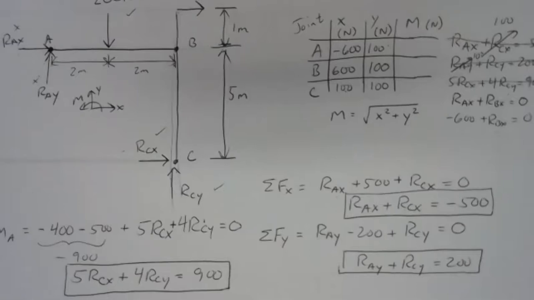So it wasn't looking too good at first. We did one setup and we got 3 equations and no numbers. But then we realized that both of these members must be in equilibrium. So by drawing the free body diagram of one member or the other, we could do sum of forces and sum of moments and potentially get some information. That got us 2 numbers. But with those 2 numbers, we were able to solve other equations and everything unraveled.